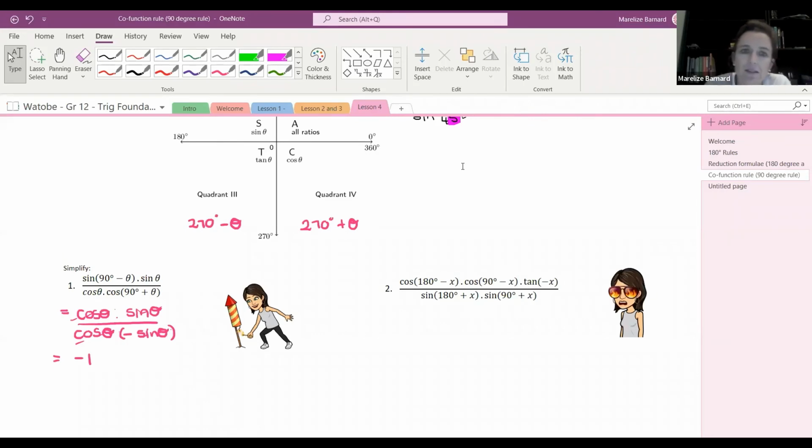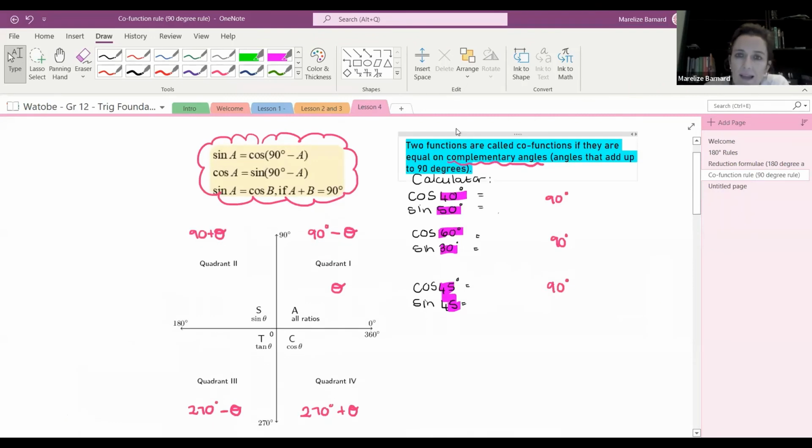That is the 90-degree rule that I explained over here. When we are in the 90 minus or 90 plus quadrant, because now we are working with complementary angles, and with complementary angles, sine changes to cos, cos changes to sine. It's a rule in trigonometry.